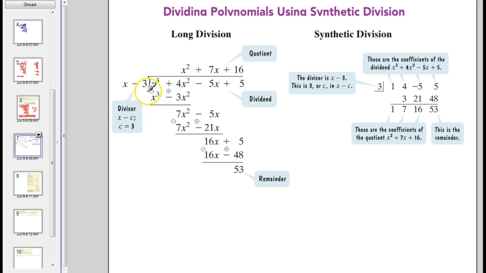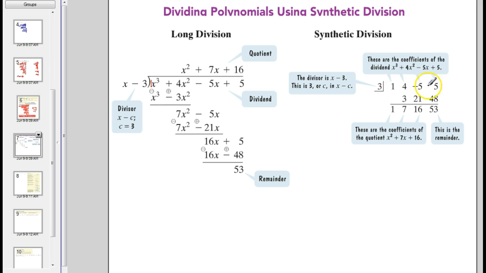So when you do a synthetic division, whatever your divisor is in the long division form, the thing that you put in this little box for synthetic division is the value that would make the divisor equal to 0. So x minus 3, positive 3 would make that 0, so we put a positive 3 there. And then the coefficients of the original dividend, in this case, were 1, 4, negative 5, 5.